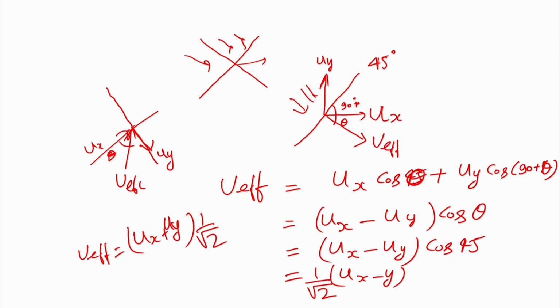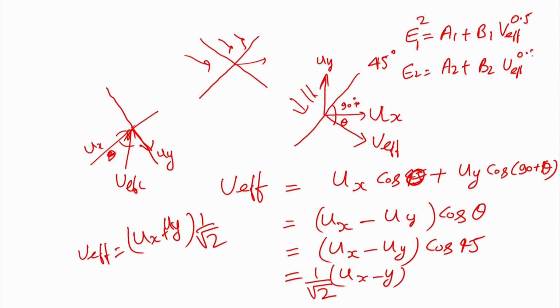We know that for each wire, E1 square will be A1 plus B1 into V raised to the power 0.5, and V is nothing but V effective or U effective. Now, E2 will be A2 plus B2 into U effective raised to 0.5.